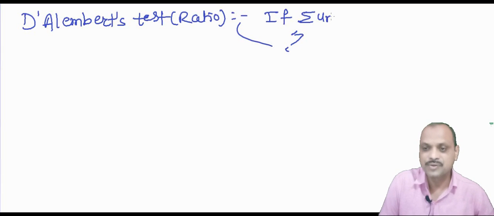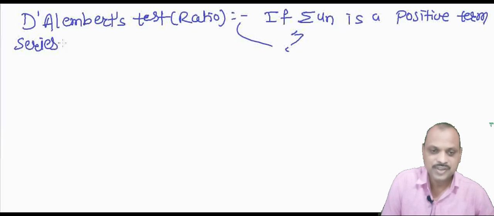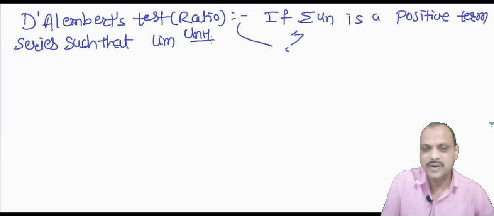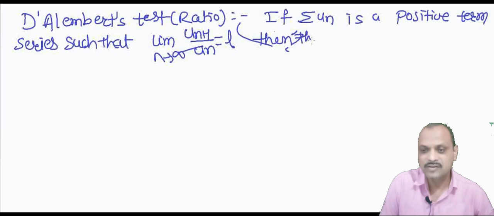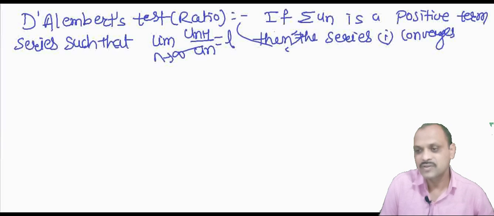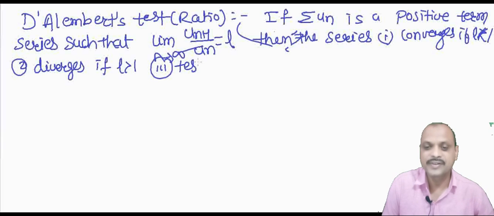If summation u_n is a positive term series such that limit of u_(n+1) divided by u_n equal to L as n tends to infinity, then the series: number 1, converges if L less than 1; number 2, diverges if L greater than 1; and number 3, test fails at L equal to 1.